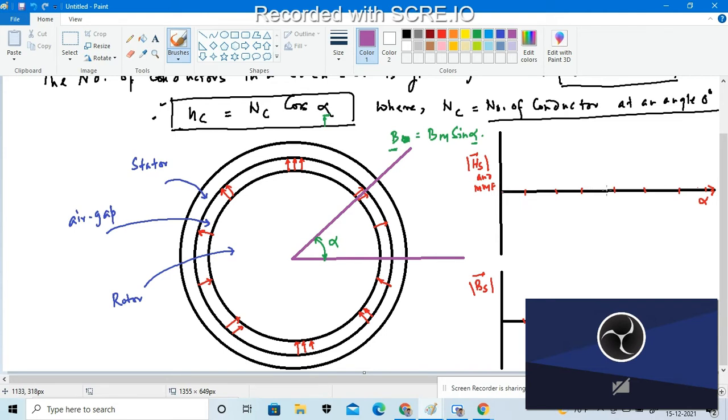This will be supposed to be a midpoint over here. This one is the midpoint.